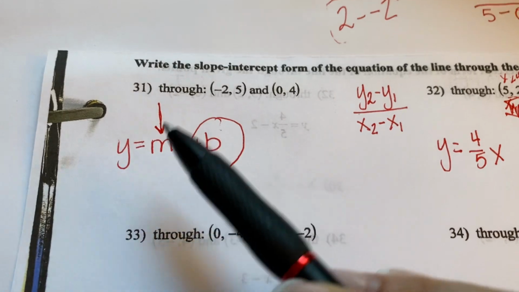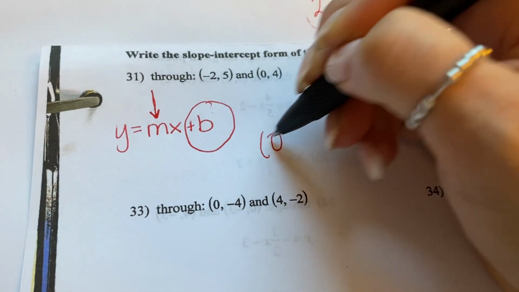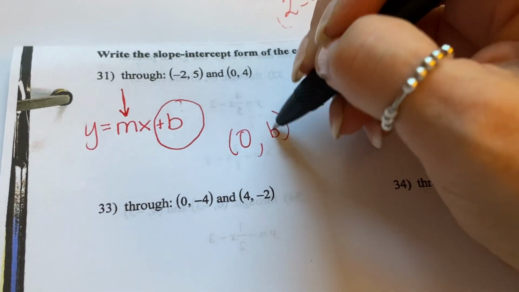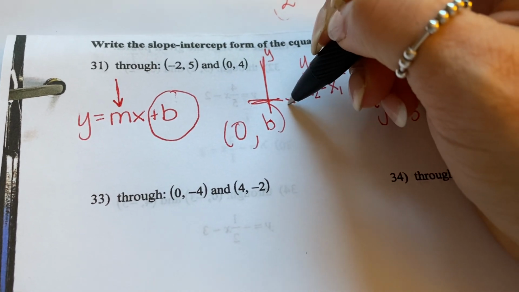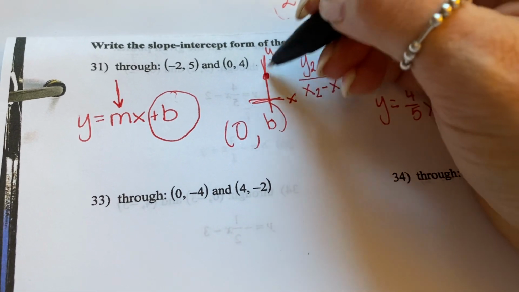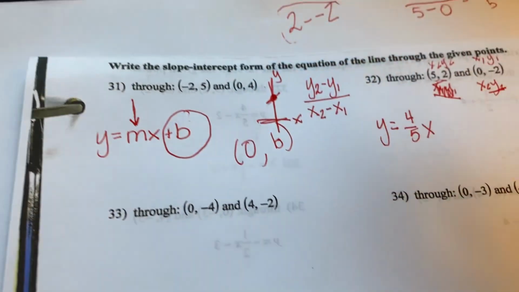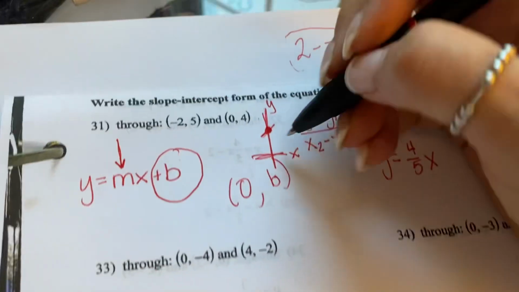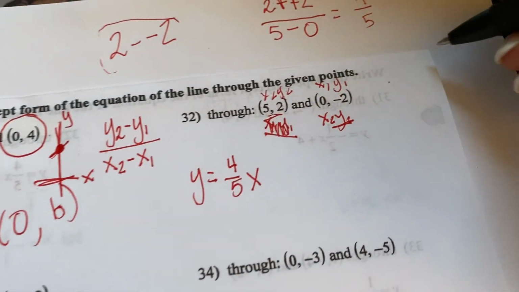That means when x is 0, if I'm graphing, when x is 0, b, this is where it's crossing, if this is my coordinate plane, this is where it's crossing the y-axis. Okay?